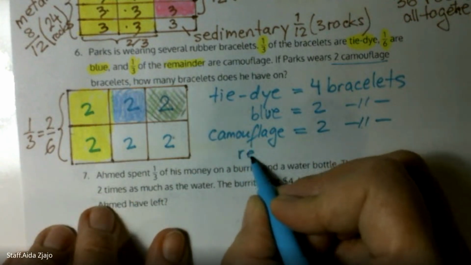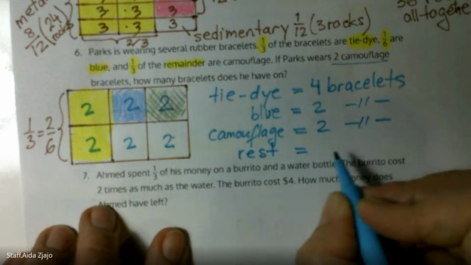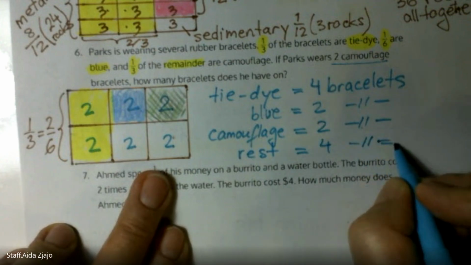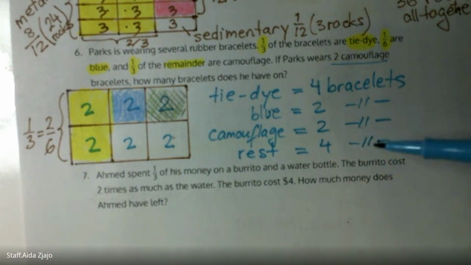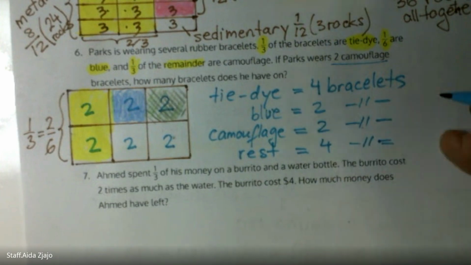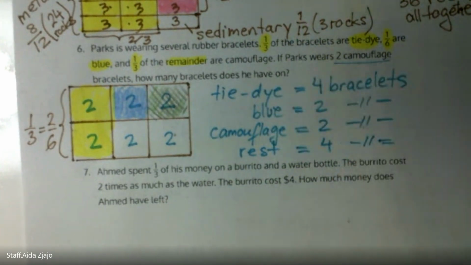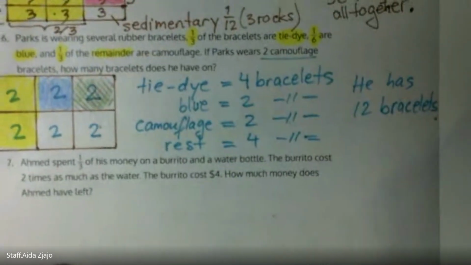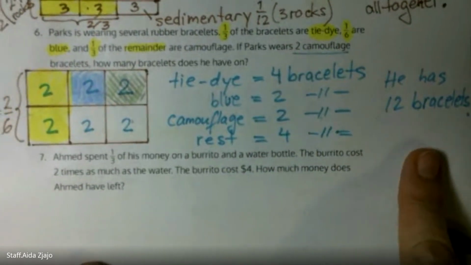The rest is 4 that we have. So altogether that makes 12 bracelets. How many bracelets does he have? He has 12 bracelets.